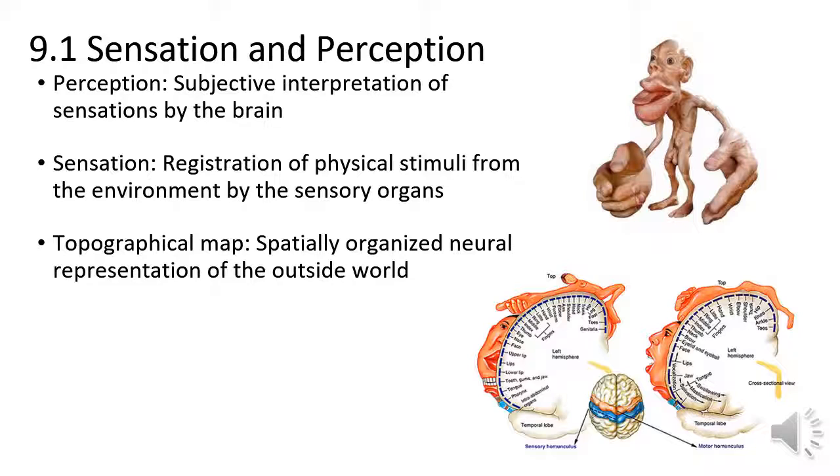And then topographical map is something we're going to talk about intermittently throughout the rest of the chapters. This is a spatially organized neural representation of the outside world. So this means that a topographical map is when the cortex in the brain physically maps onto how things are in the real world. And this is an example.